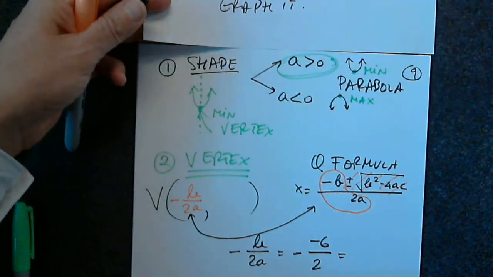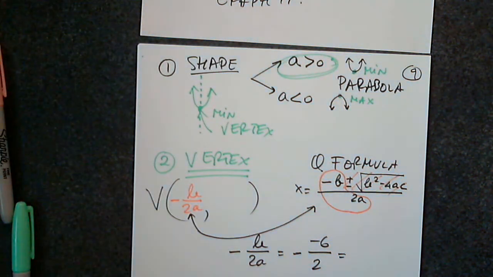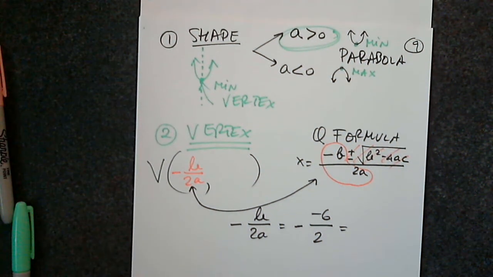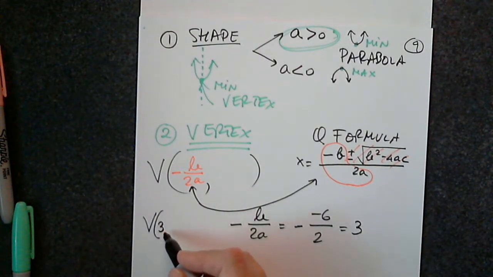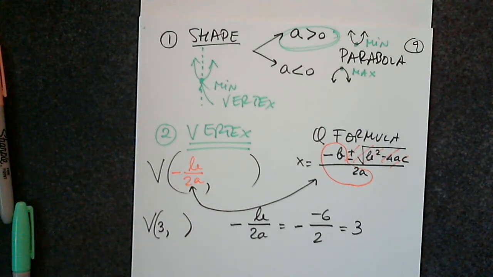So then you can determine the x coordinate of the vertex, which is 3. So then the vertex has x coordinate 3. And now, how do I find the y coordinate? If I have a function and I say to you x is 5, find y, what will you do?